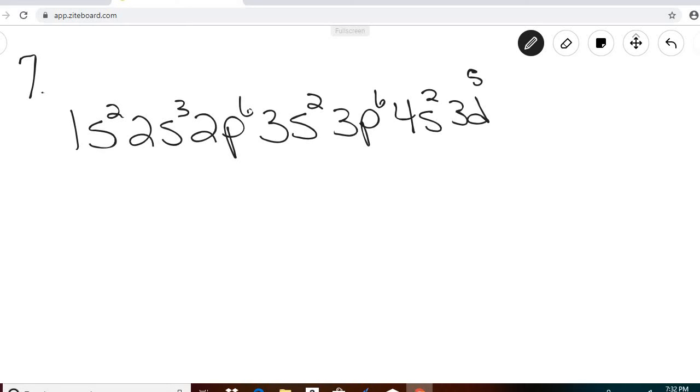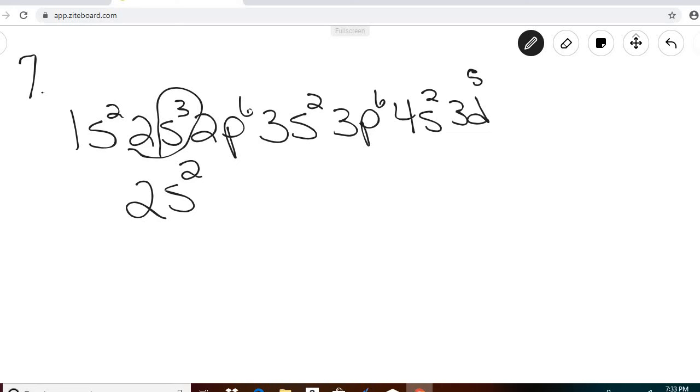Sorry: 1s2, 2s2, 2p6, 3s2, 3p6, 4s2, 3d5. Then it asks us what is wrong with this, and you should recognize that an s orbital can only hold 2 electrons, so this needs to be 2s2.